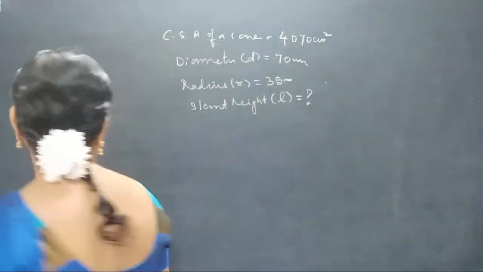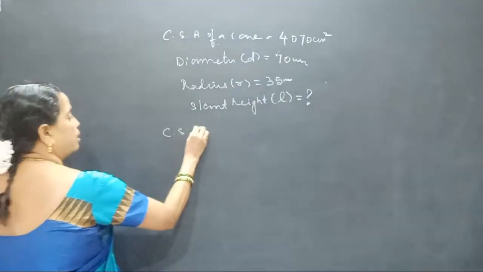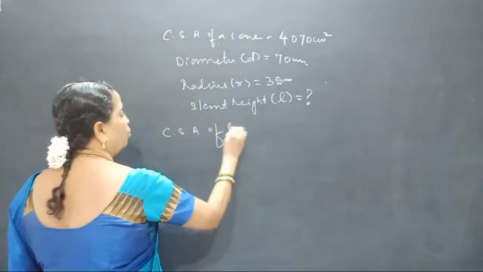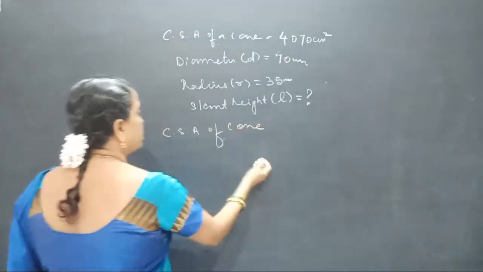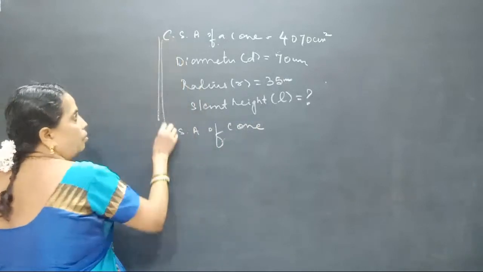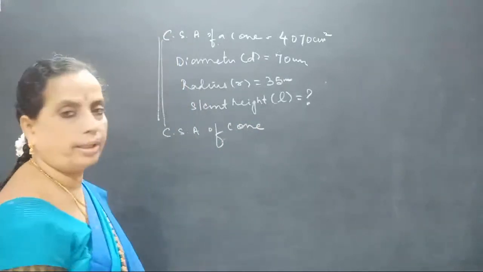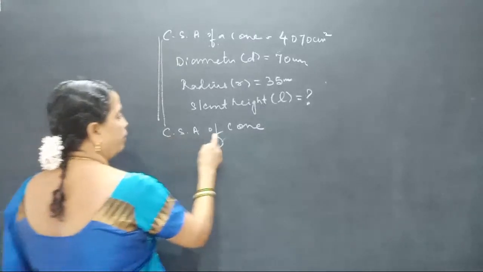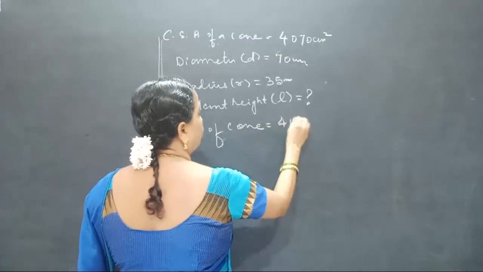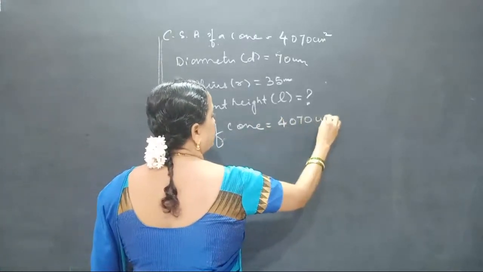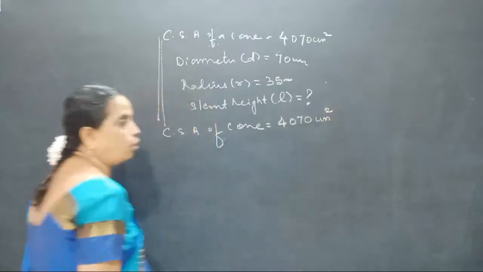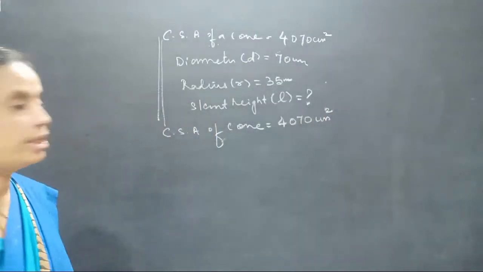First write curved surface area of a cone. Before answering, this is a must: what is given, what you have to find out. Curved surface area of a cone is 4070 centimeters square. Please follow the steps as it is.